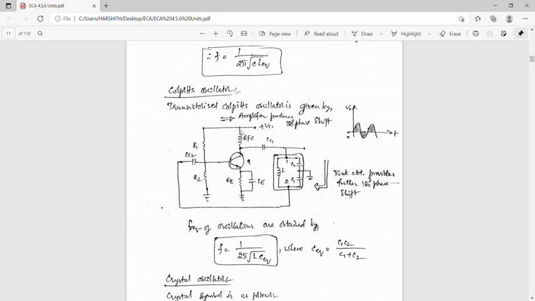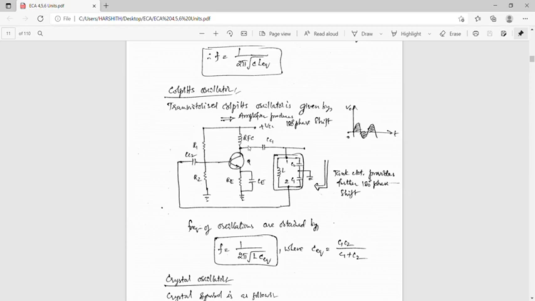The amplifier introduces 180 degrees phase shift and the tank circuit produces a further 180 degrees phase shift, totally 360 degrees phase shift. This is the output waveform. These two are the biasing resistances. RFC is the radio frequency choke. CC1 and CC2 are the coupling capacitors.